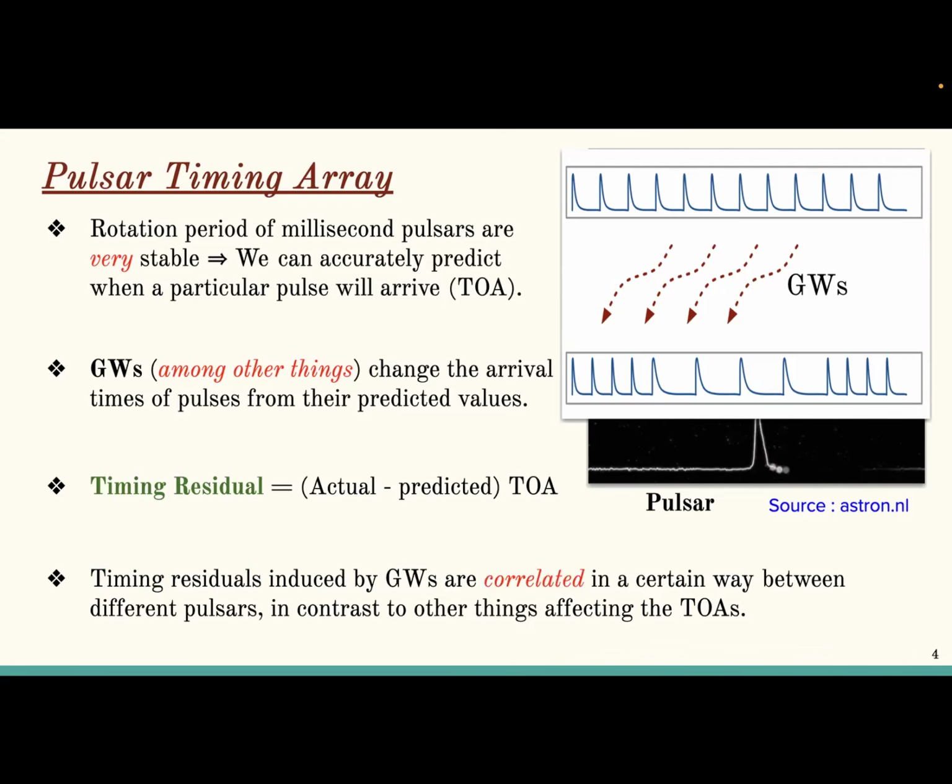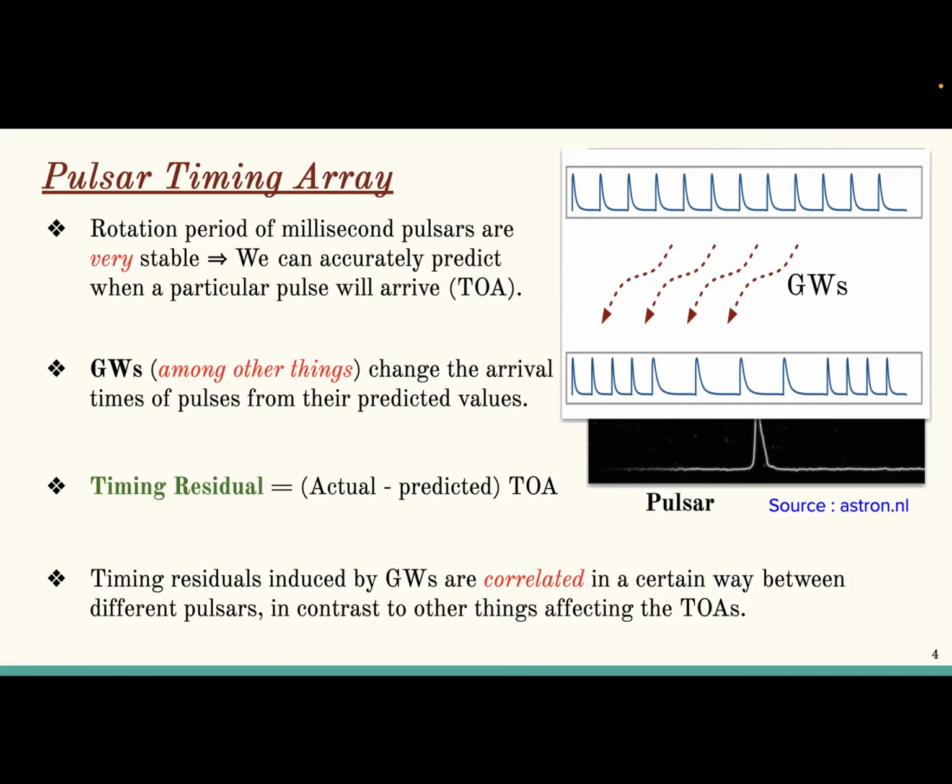Now you should ask, if there are other things which also affect the arrival time of pulses, how do we know whether the timing residual we're detecting is from gravitational waves or from some of those other things? The answer is that the timing residuals induced by gravitational waves are correlated in a certain way between different pulsars.